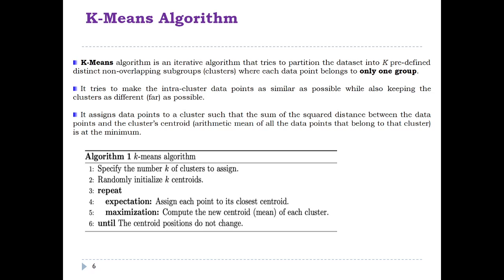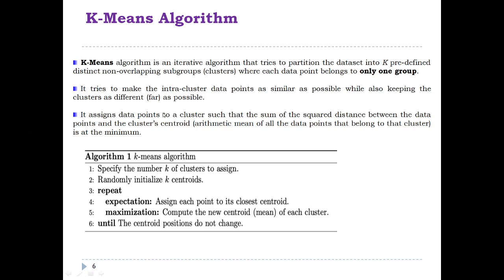The k-means algorithm is an iterative algorithm that tries to partition the data set into K predefined distinct non-overlapping subgroups or clusters where each data point belongs to only one group. It tries to make the intra-cluster data points as similar as possible while also keeping the clusters as different or far as possible.